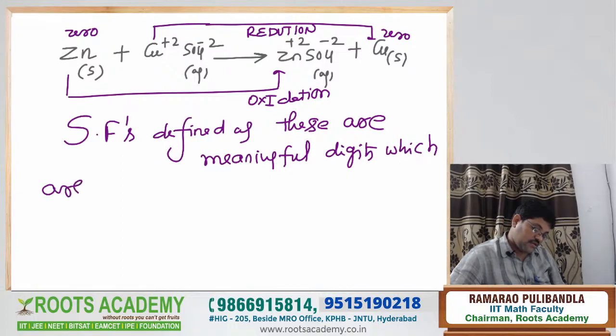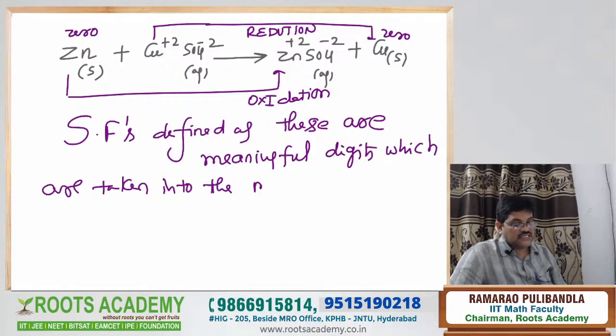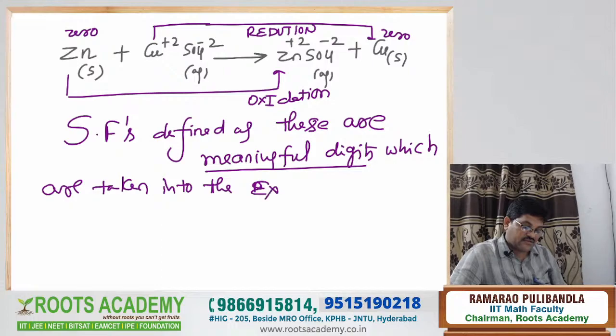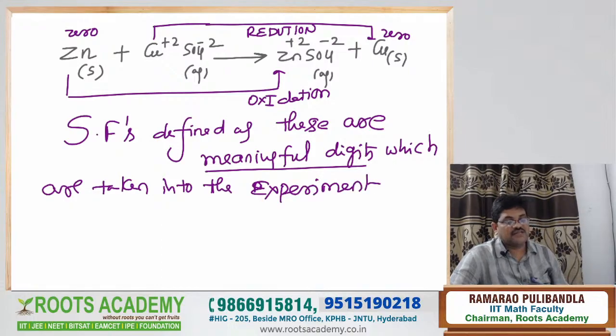Repeat once again: significant figures are defined as the meaningful digits which are taken into the experiment. That is the meaning of significant digits. And significant figures explain the accuracy and precision of the experiment.